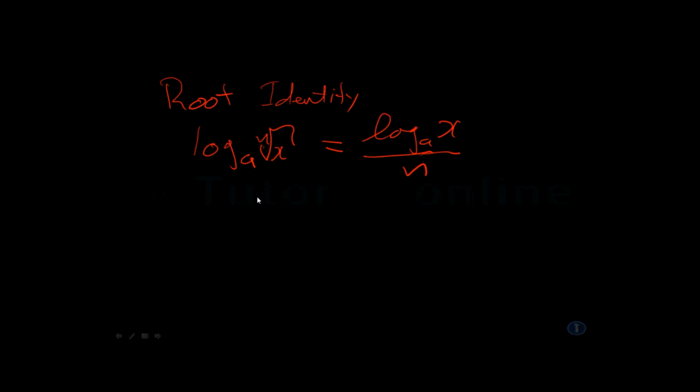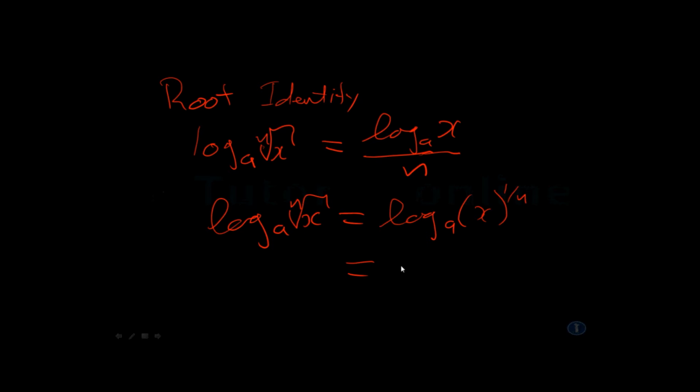This proof is similar to the proof of the power identity, simply because we can write the logarithm of the nth root of x to the base of a as equal to the logarithm of x to the power of 1 over n to the base of a. And if I then apply the power identity to this equation, I can say this is the logarithm of x to the base of a divided by n, and thus we have proven the root identity.